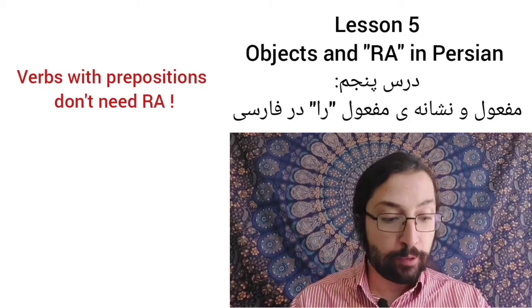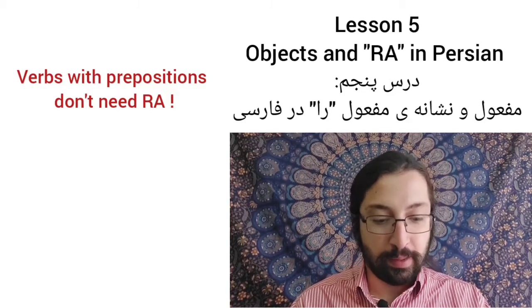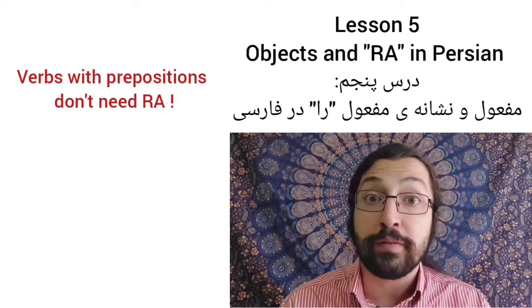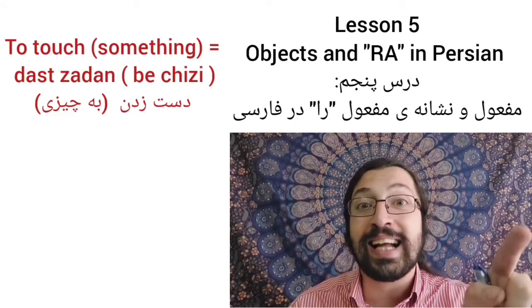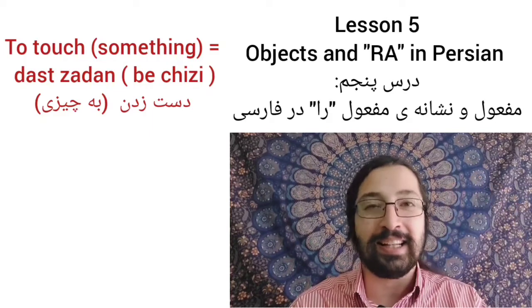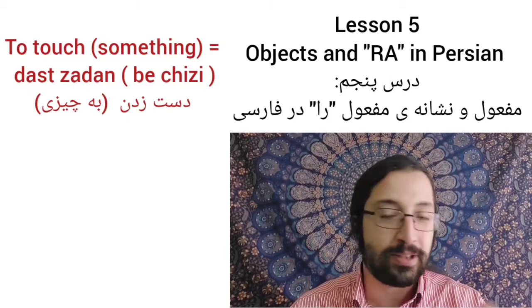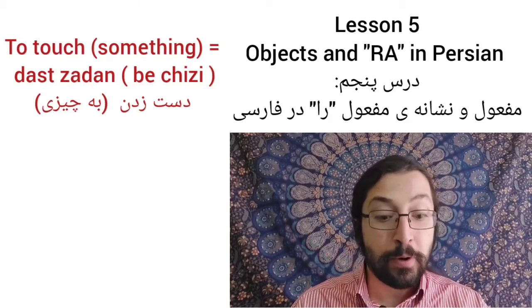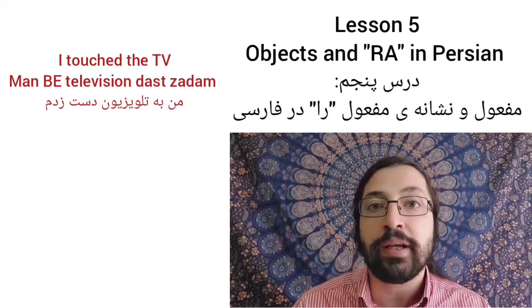So, for example, the verb to touch something in Farsi is dast zadan. Dast is hand and dast zadan is to hit something with your hands. So it means to touch something. Like I touched the TV, okay?